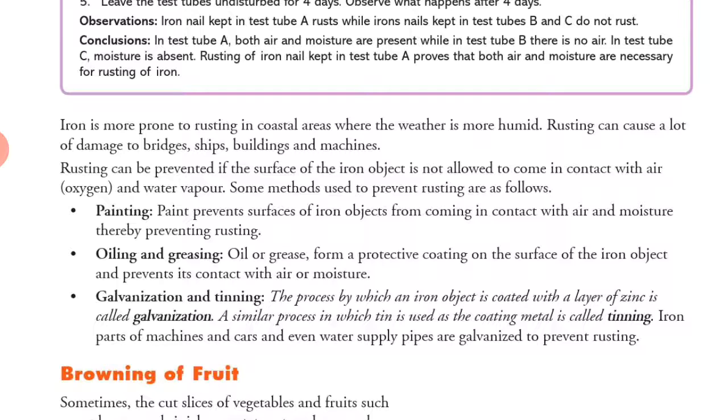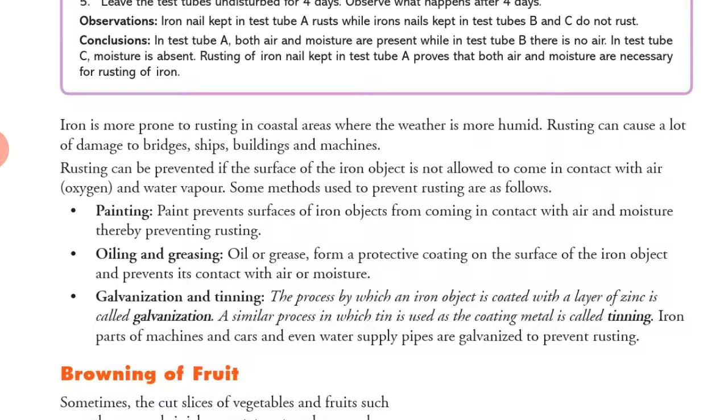Oiling and greasing. Oil or grease forms a protective coating on the surface of the iron object and prevents its contact with air and moisture. Galvanization and tinning is another method.